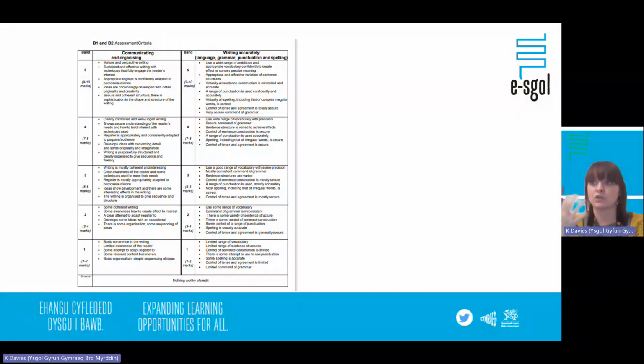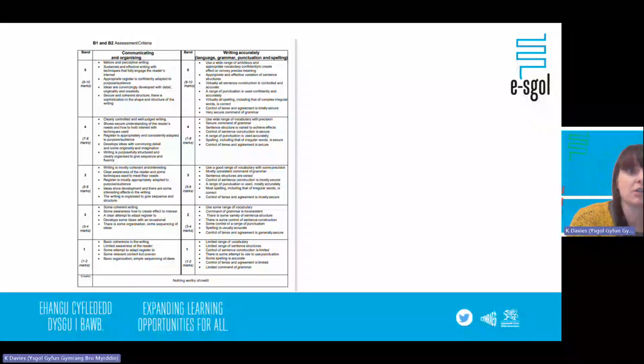And on the right-hand side, you've got the accuracy, so the use of language, grammar, punctuation and spelling. So what's really important is that you're mindful that you've got 20 marks on this mark scheme, and that applies to both. This mark scheme applies to both question 1 and question 2 in section B, okay? So your B1 and your B2 both use this mark scheme.